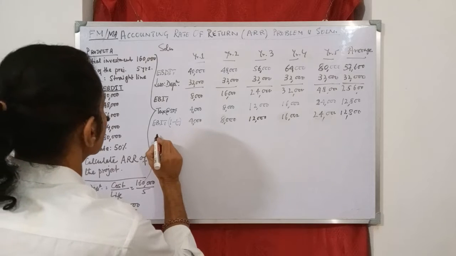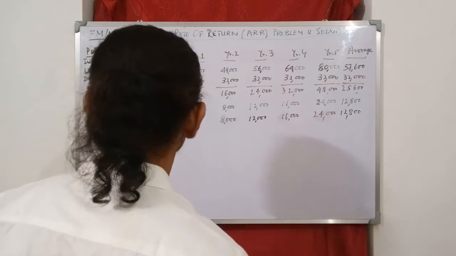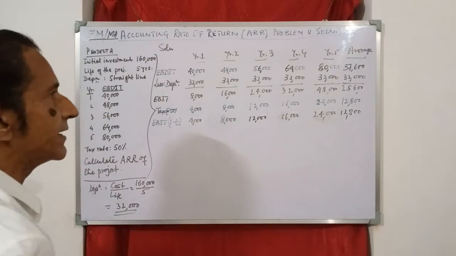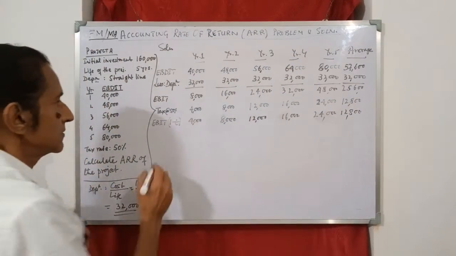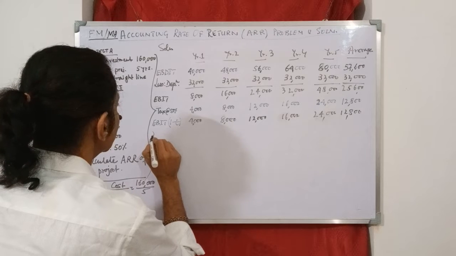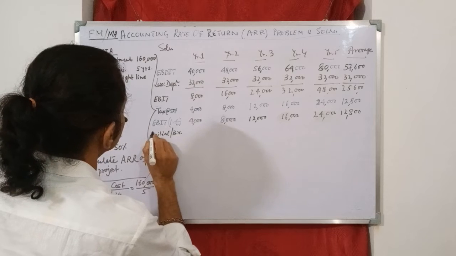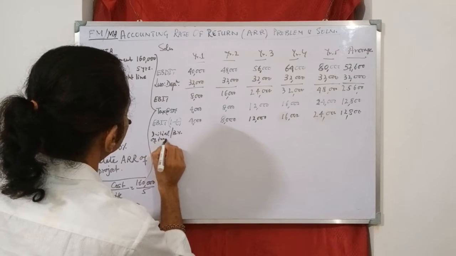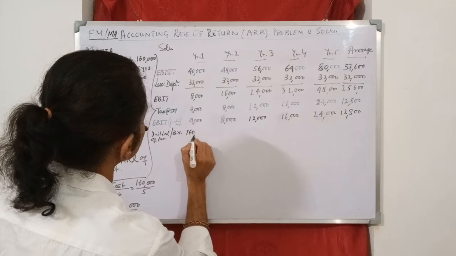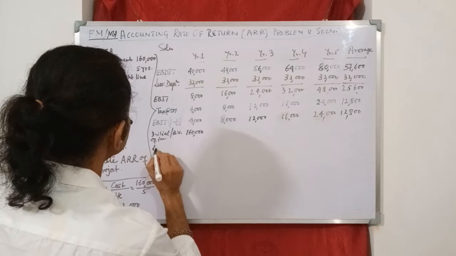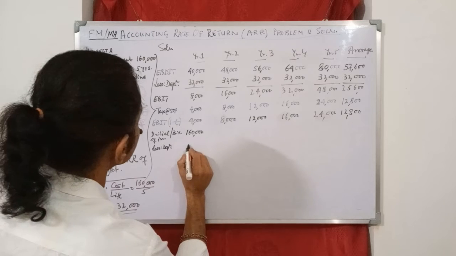Now we have to find out the book value of the investment at the end of 5th year. So the initial book value of investment. What is the initial value of investment? 160,000 less depreciation. How much? 32,000.